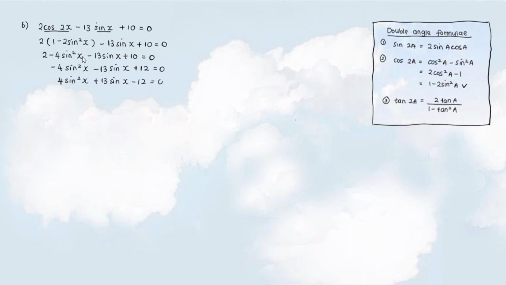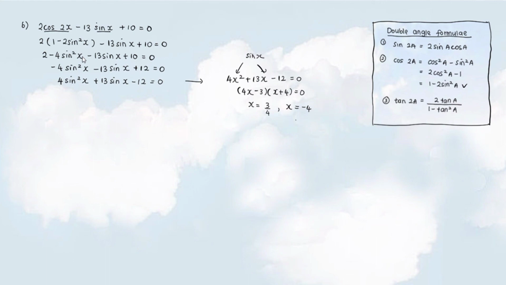This one looks complicated, so we try to make it look simpler like this: 4x squared plus 13x minus 12 equals 0. So you factorize it like usual. (4x minus 3)(x plus 4) is equal to 0. x is equal to 3 over 4, x is equal to negative 4.